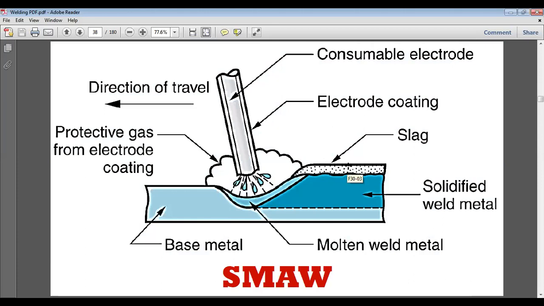So this is about SMAW, where we have a consumable electrode, shielded metal arc welding. This picture depicts this complete phenomenon, and this is a very important figure.